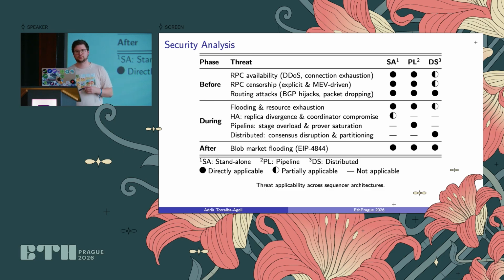So here, instead of attacking the sequencers, you don't have anything to do with the sequencers. What you're trying to do is flood the blob market directly, so you are effectively attacking the L2, because L2s rely on this blob market to post data availability cheaply.